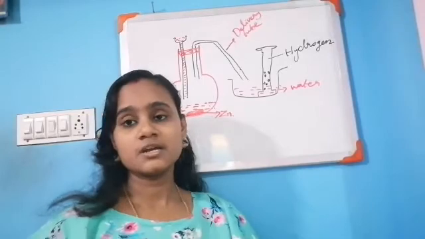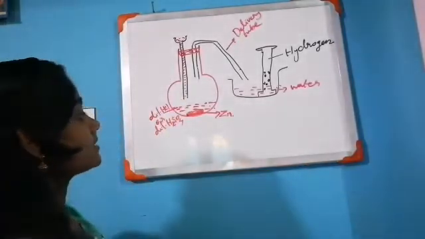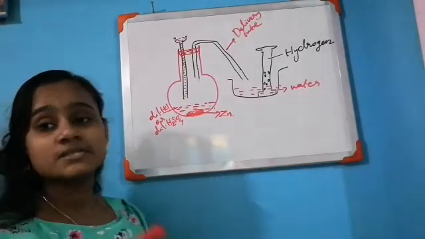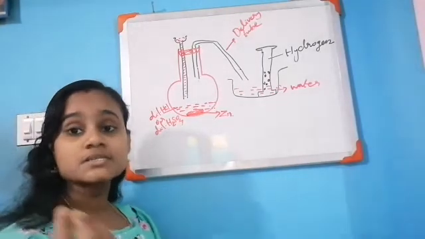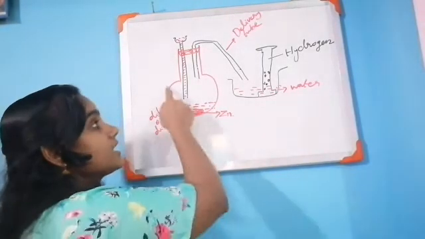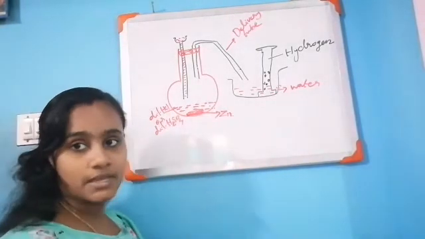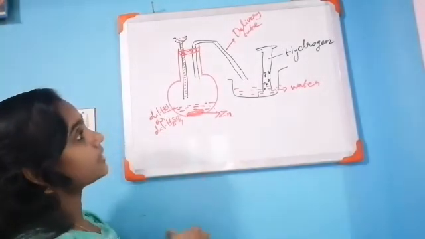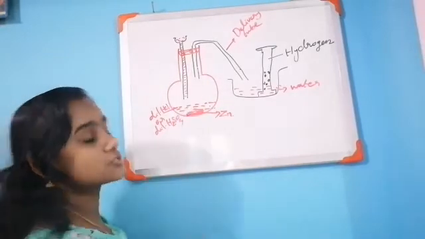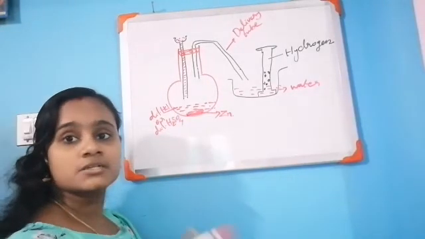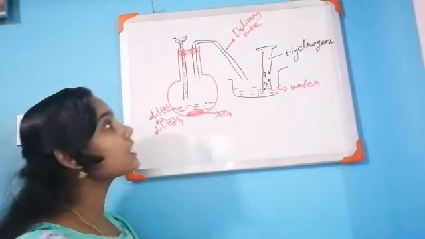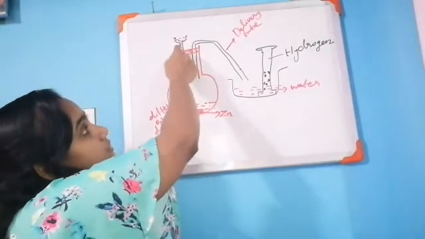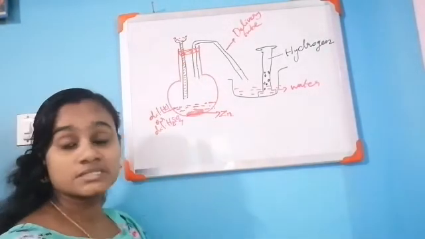Dear children, the procedure is to take a few pieces of zinc granules in a round bottom flask. Here we can see an airtight stopper with two holes. Through one hole we fix a thistle funnel.